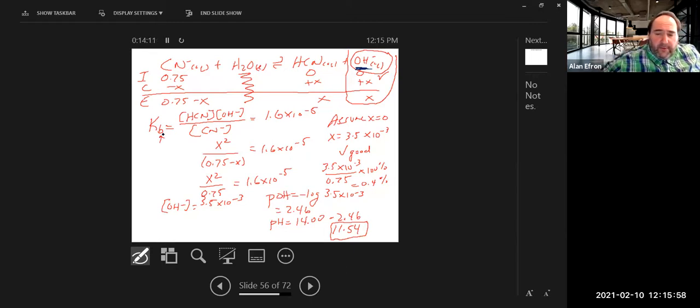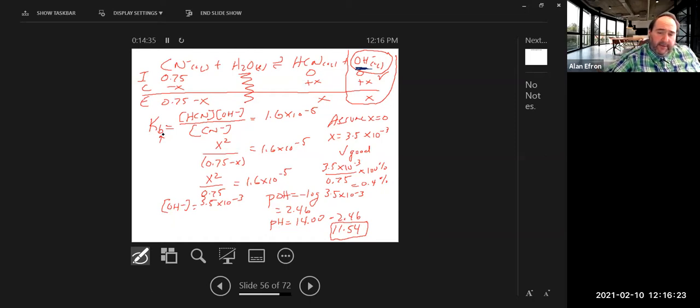Okay. So let's finish a little bit talking about salts. Up until this point, in the examples we looked at, only one part of the salt had the ability to react with water. It is potentially possible that you could come across a salt where both parts could continue to react with water.